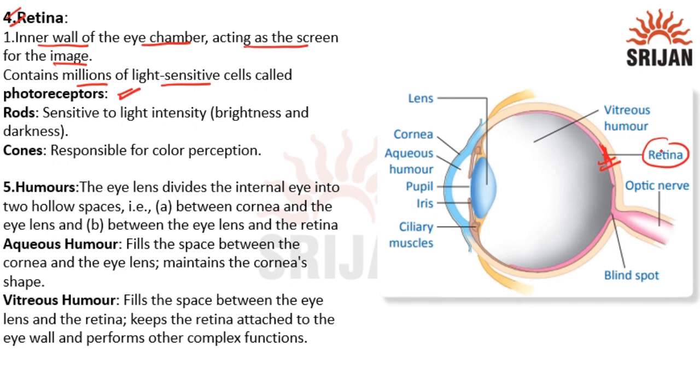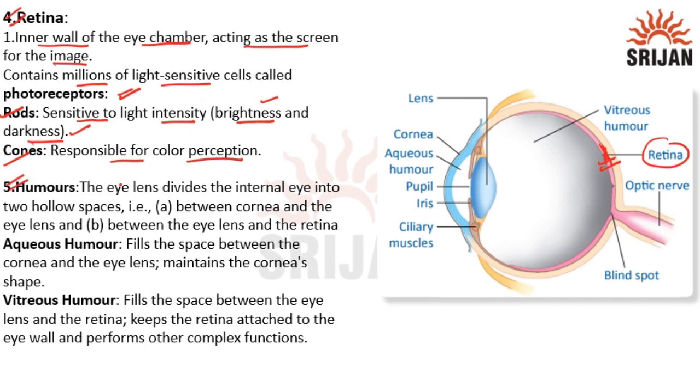There are two types of photoreceptor cells present in the retina, and these are rods and cones. Rod cells are sensitive to light intensity, which is brightness and darkness, while cones are responsible for color perception.